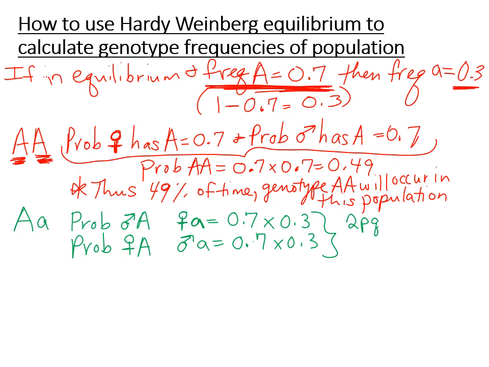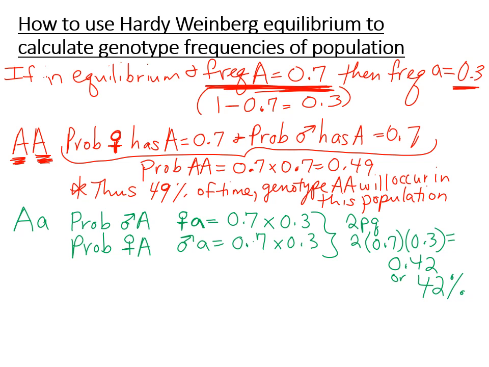When you do that, 2 times 0.7 times 0.3, that gives you 0.42 or 42%. 42% chance of getting capital A, lowercase a, the heterozygote in this population.